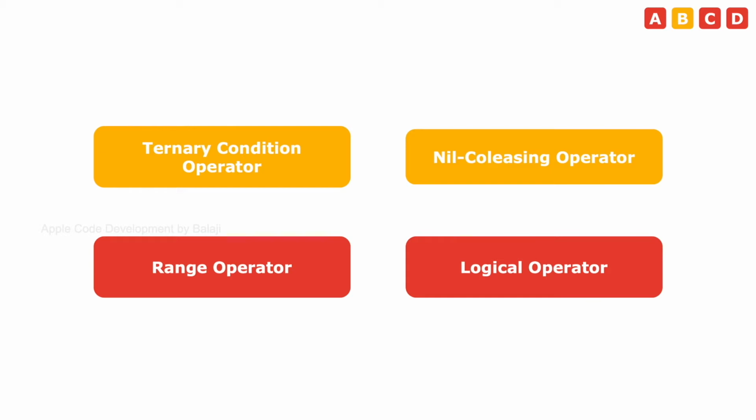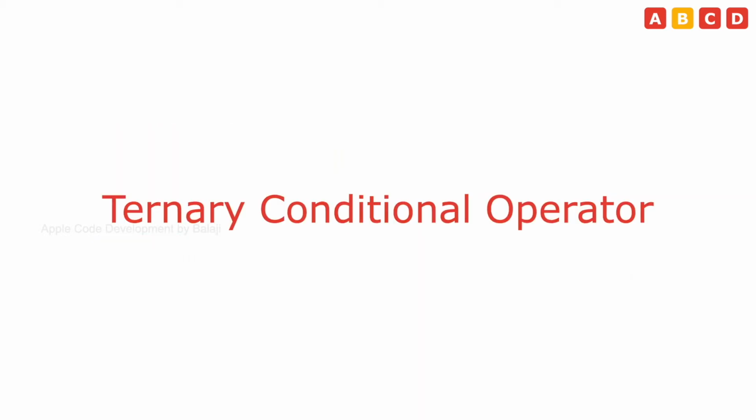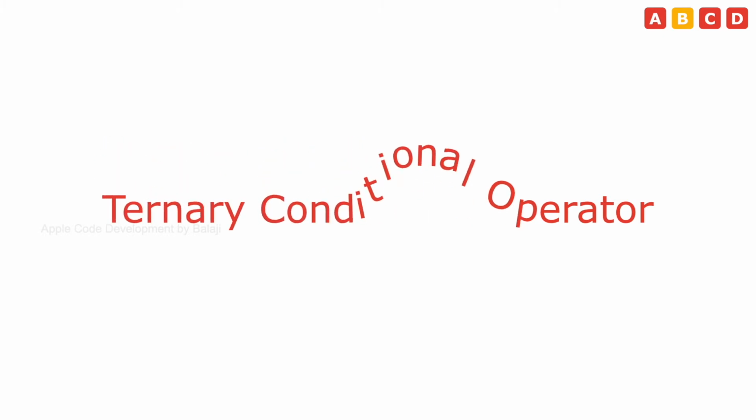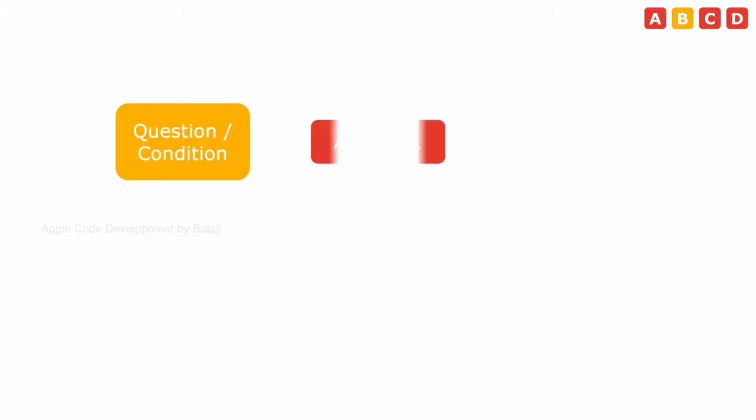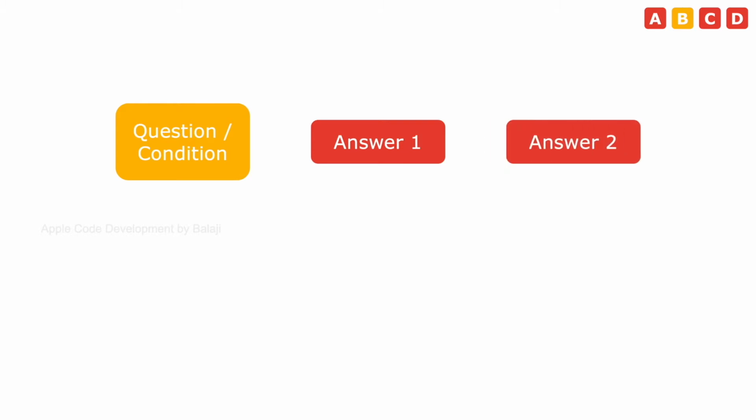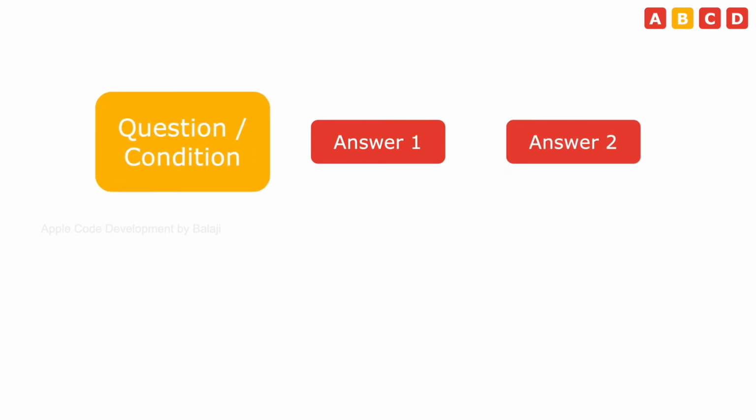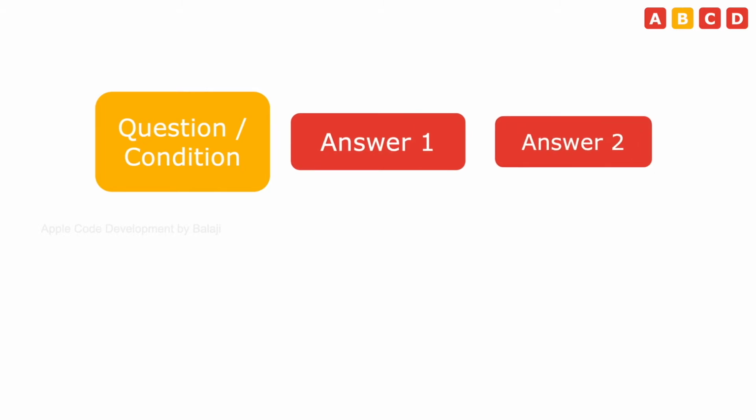Okay, let's start. The sixth topic is Ternary Conditional Operator. Here we will have 3 parts. The first part is the question, the second part is answer 1, and the third part is answer 2. Based on the question or condition, it will return answer 1 or answer 2.